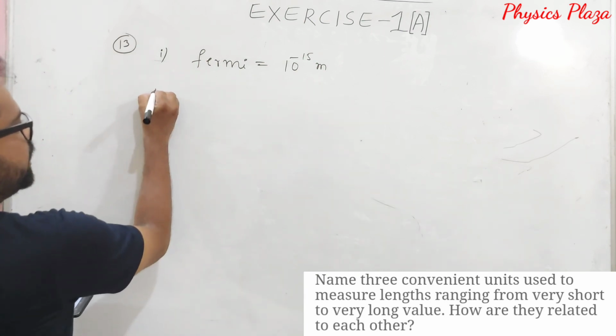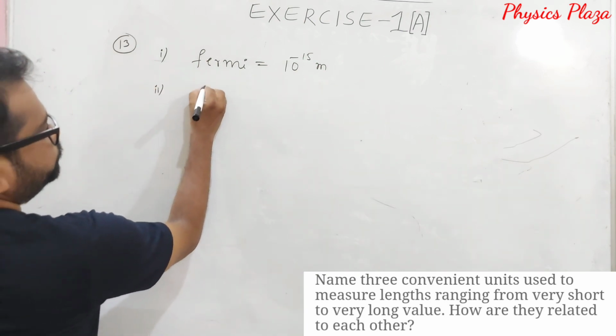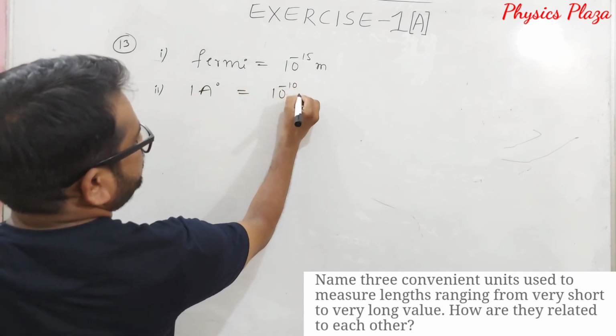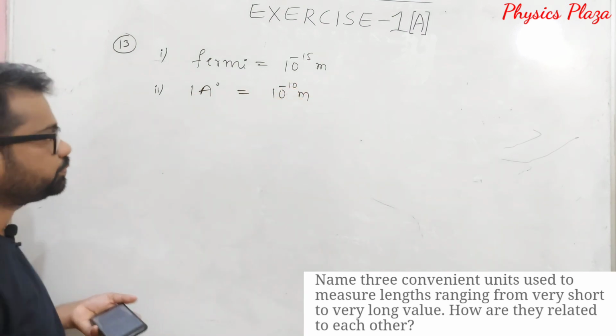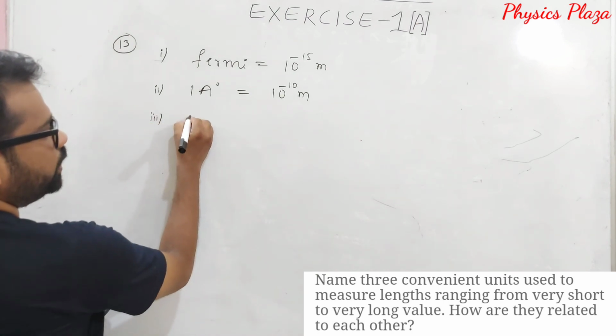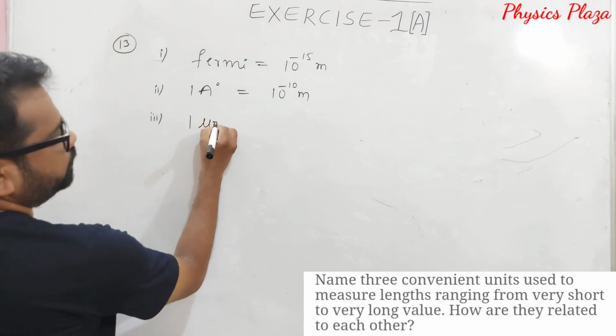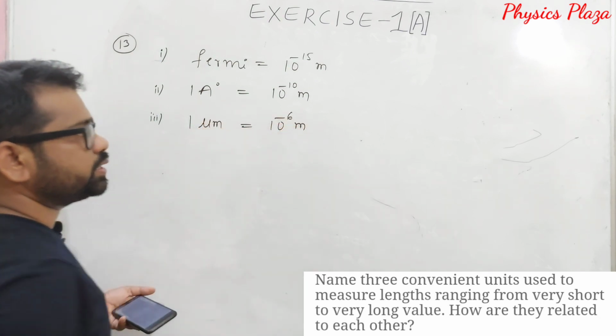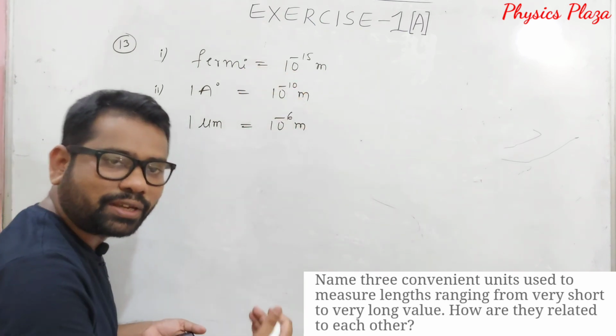Okay, fine. Next, let us go for angstrom. 1 angstrom is equal to 10 power minus 10 meters. Now, third one, let us go for 1 micrometer. 1 micrometer is equal to 10 power minus 6 meters. Still we are going for smaller to big.